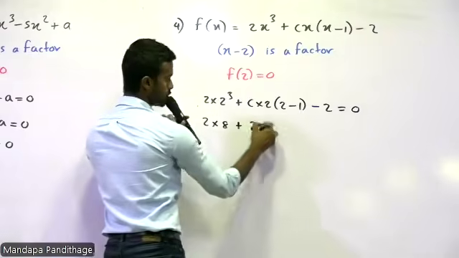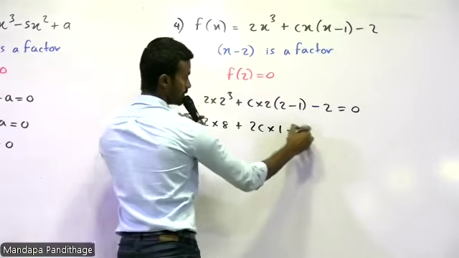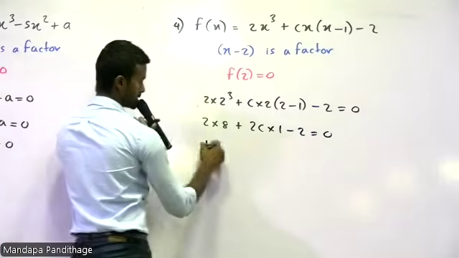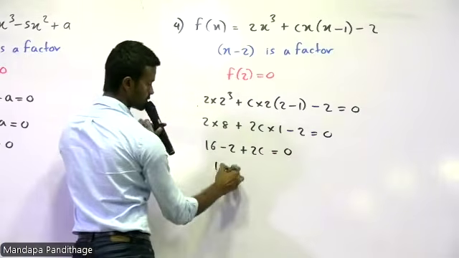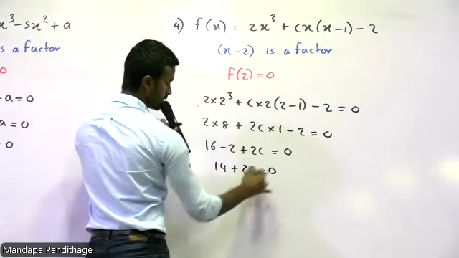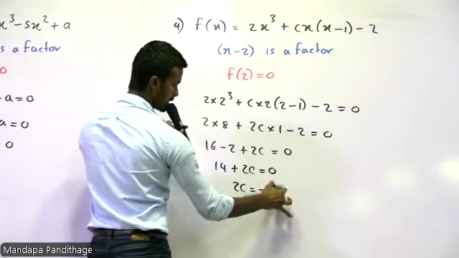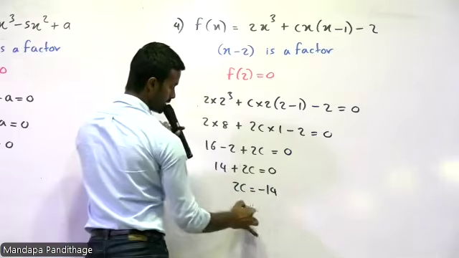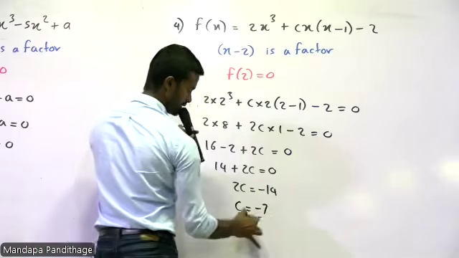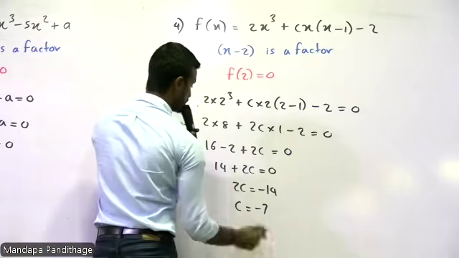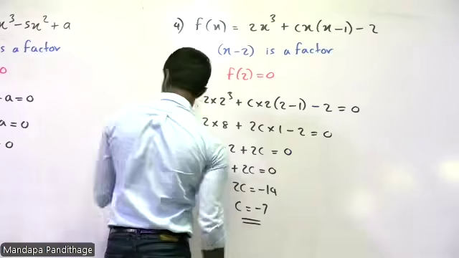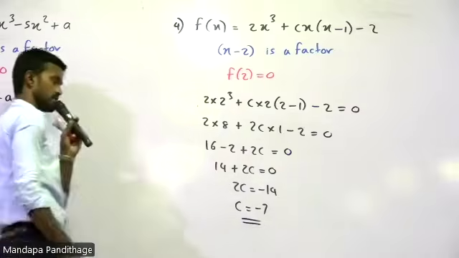So it's 2c, and 2 minus 1 is 1. 16 minus 2 plus 2c is equal to 0. 16 minus 2 is 14. So 2c is equal to minus 14 and c is equal to minus 7. So you get a equals 4 and c equals minus 7.